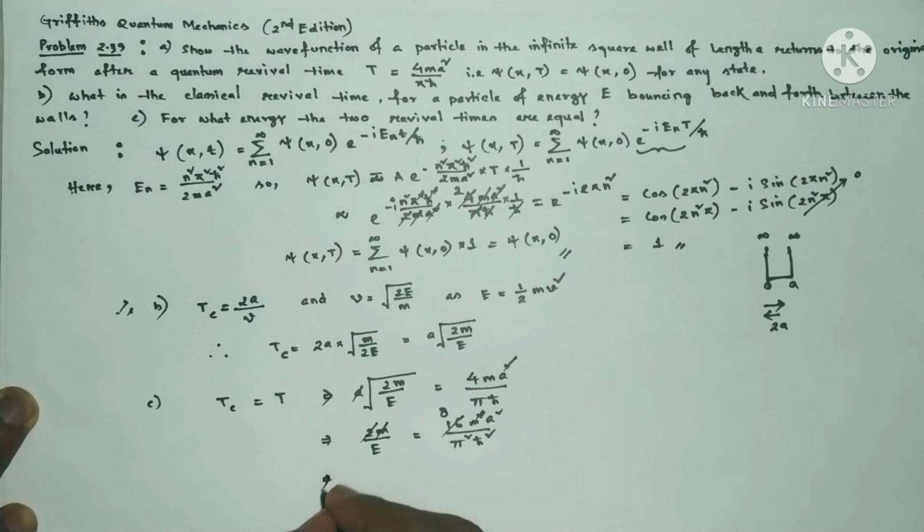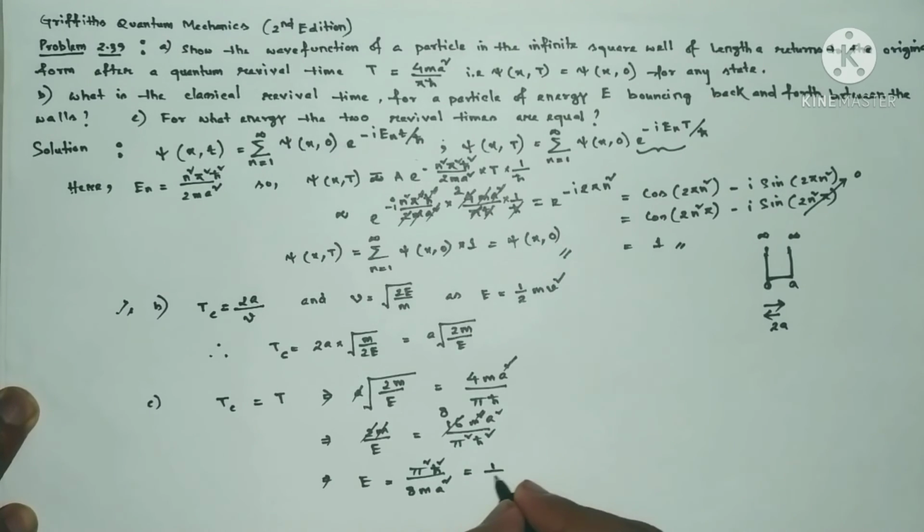So we can write E as π²ħ²/(8ma²), which can be written as 1/4 of π²ħ²/(2ma²).